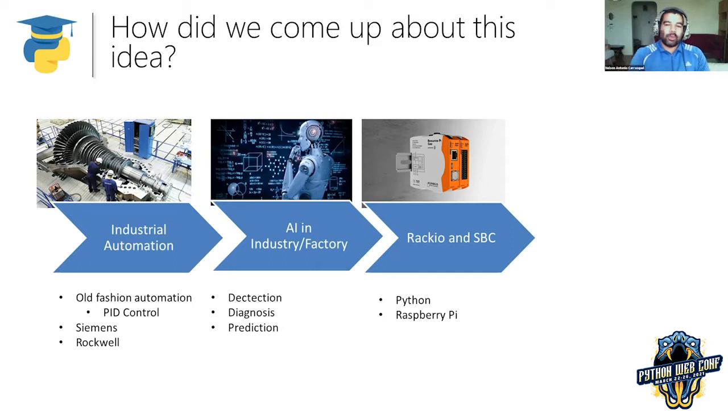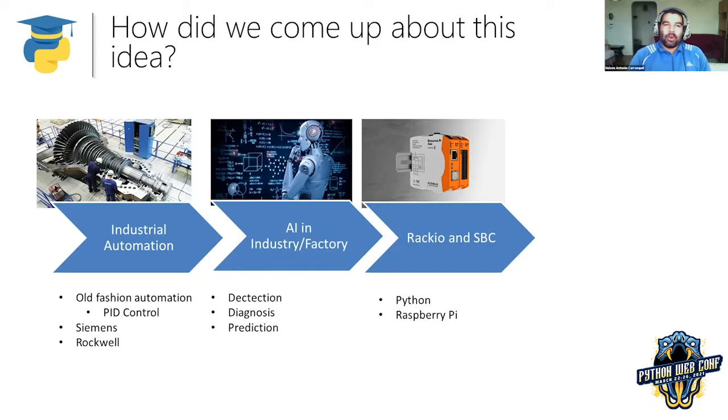And eventually, in time, the company wanted to extend the services and the products. They wanted to integrate into their products some artificial intelligence in order to make detections, diagnosis, or prediction of malfunctionings or possible failures in some processes or machinery. At this point, we started to wonder what technologies we could use.